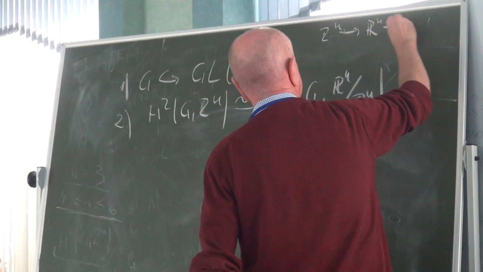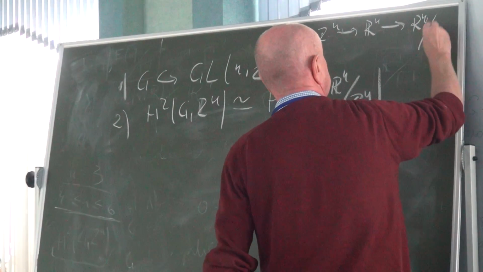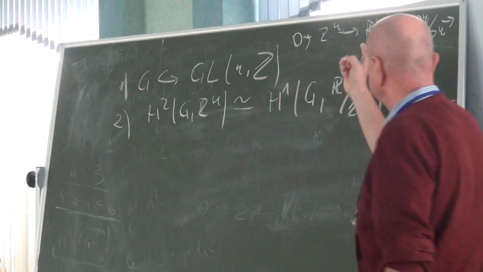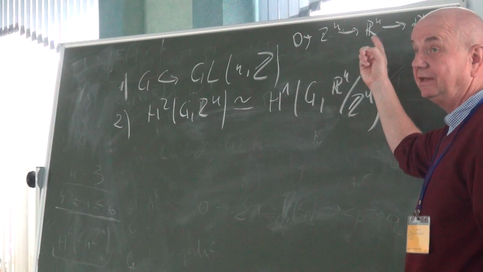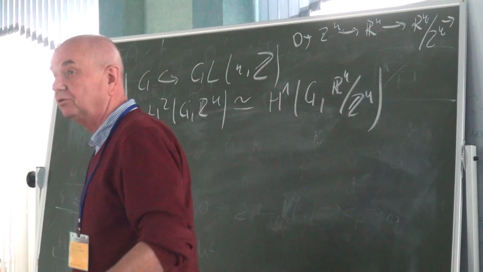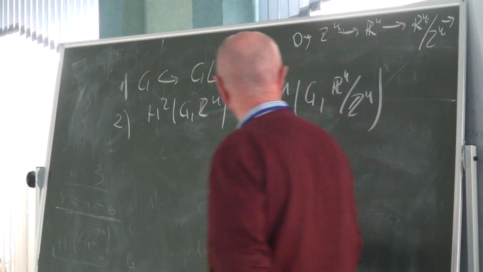Since over the real numbers any cohomology is trivial, we have this isomorphism.